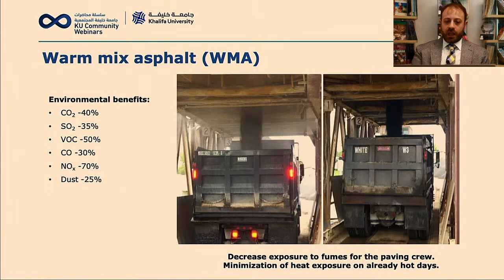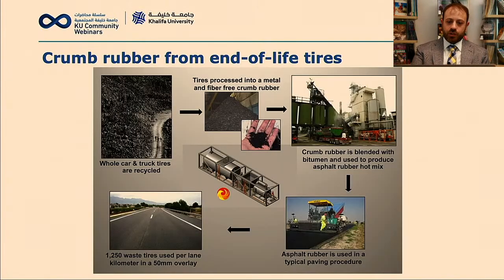So this is one solution that is beneficial from different points of view. And we are trying to put this solution with another environmental friendly solution, which is the crumb rubber from end-of-life tires. The concept behind this solution is very simple. We all have cars. We know that around the city there are trucks. All these vehicles have tires, and at a certain point they have to change these tires.